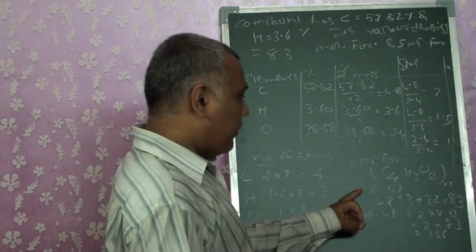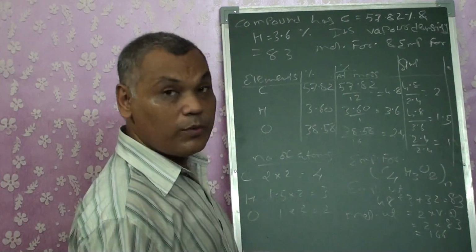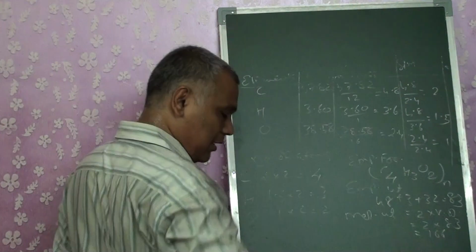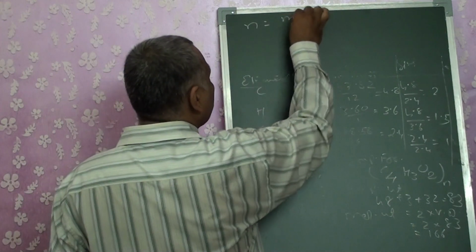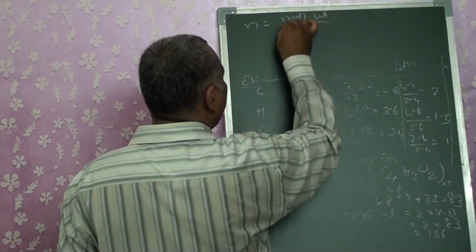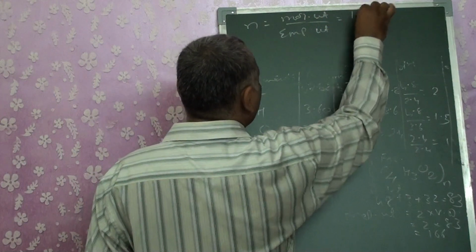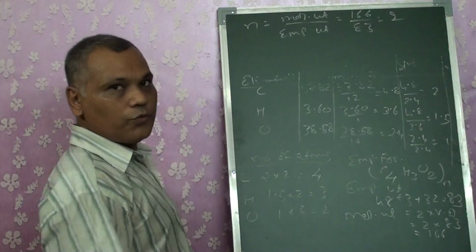Now the empirical weight is known to us, molecular weight is known to us, empirical formula is known to us. So let us see what will be the value of n. n is equal to molecular weight upon empirical weight, that is 166 upon 83, that is 2.